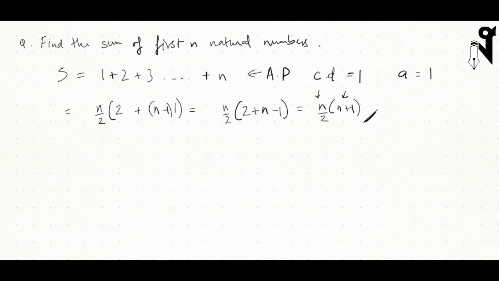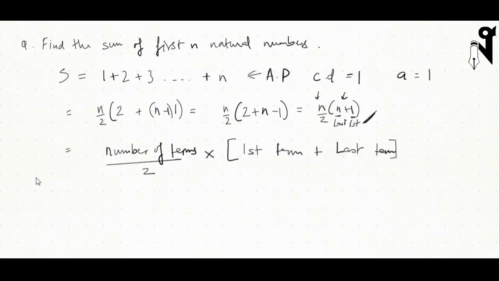Now inside the second factor n plus 1, you have the first term plus the last term. So 1 plus n, that is the first term plus the last term. So the formula for the sum of an AP can be simplified to number of terms by 2 into first term plus last term.